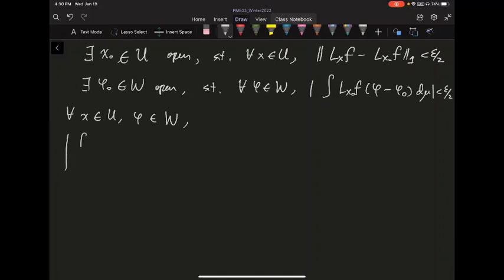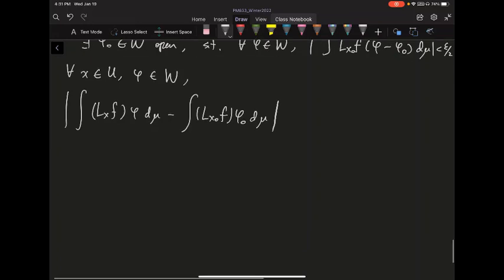I want to estimate the integral of Lx f against this little phi d mu minus the integral of Lx0 f against phi 0 d mu. So that's what I'm going to estimate. I can divide it into two parts.